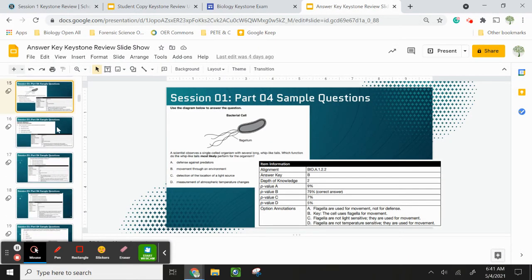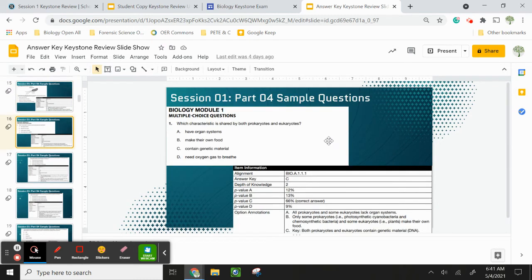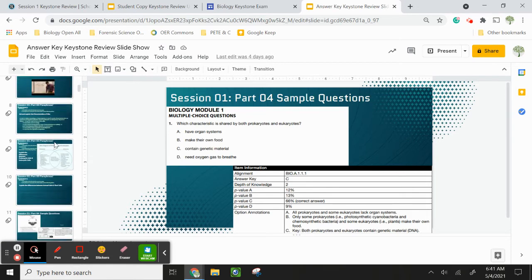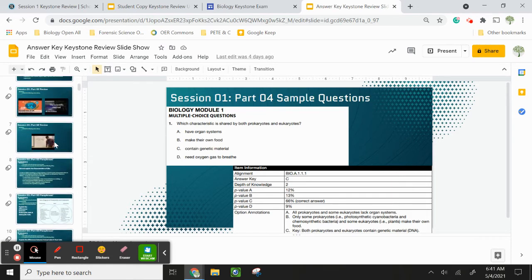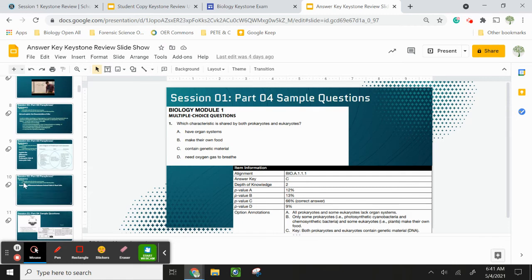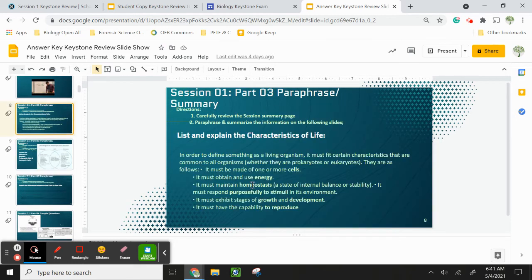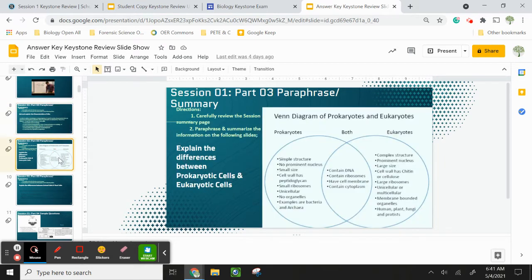All right, so for this one, understanding the differences between prokaryotes and eukaryotes is important, and understanding the characteristics of life that all living things share is important. So remember back to your summary questions for this unit. You needed to paraphrase in your own words characteristics of life and then differences between prokaryotes and eukaryotes.